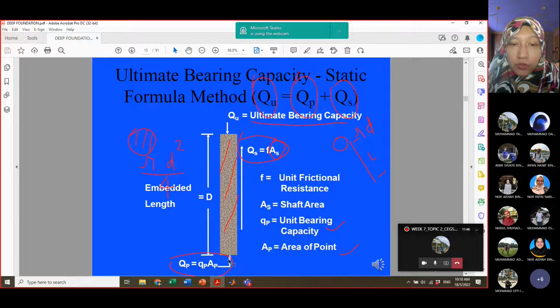So to get the cross-sectional area of the square shape, the simplest is the P times L. So that's how AP is not always pi d squared over 4 or the cross-sectional area of the circular. It depends on the shape of your pile. Later you will see some coefficient parameters in the analysis also depending on the type of material of the pile. So be careful when you are looking at the data from the table to analyze your ultimate bearing capacity.